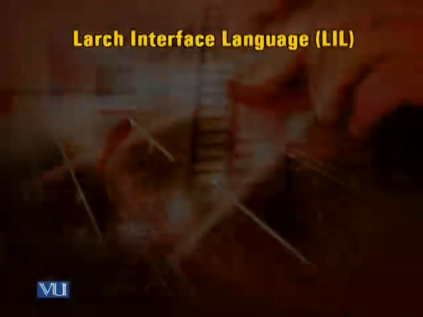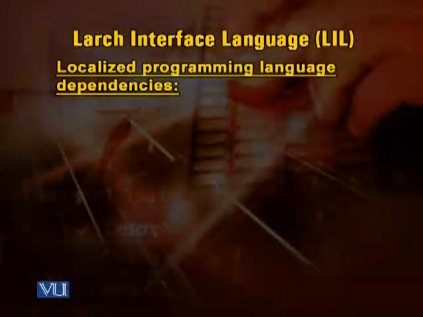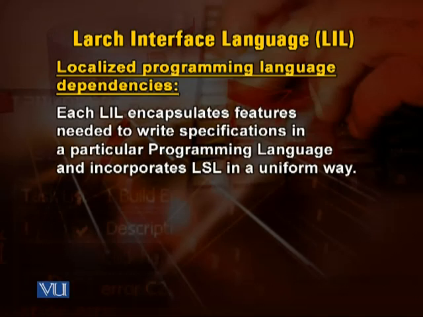Large interface language is a localized programming language and there are certain dependencies. Each large interface language encapsulates features needed to write specifications in a particular programming language and incorporates large shared language in a uniform way.